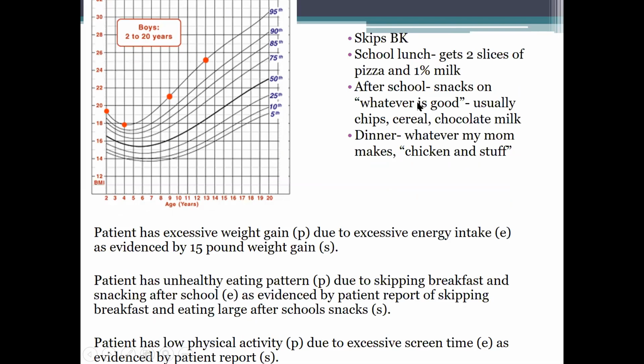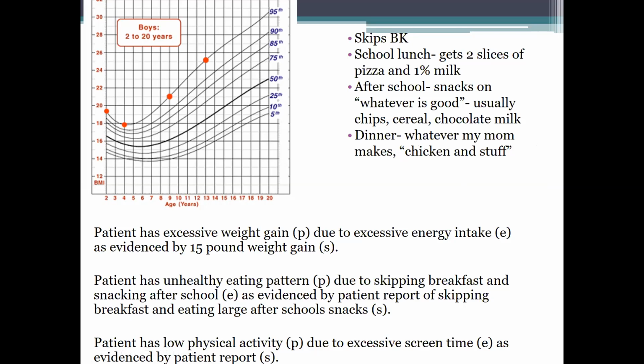After school, we didn't get a lot of detail, but we can see that he's having quite a bit of snacks, and none of them look very healthy, high sugar, high salt. Dinner, because Bob was not the chattiest guy on earth, sounds like he has kind of like a standard American dinner.